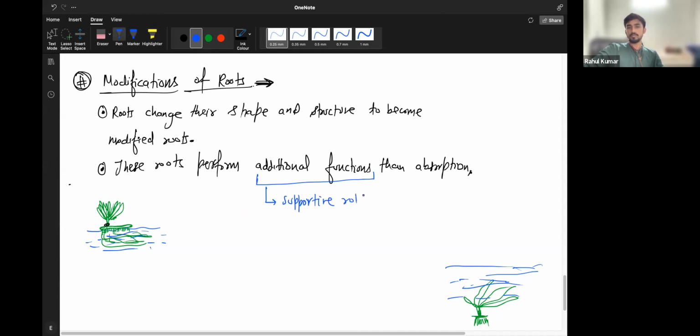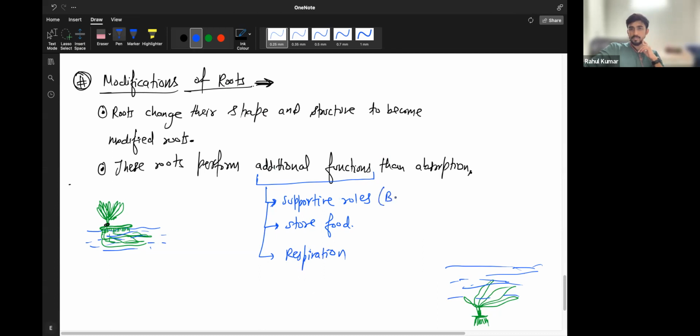They have supportive roles, or to store food. This is not their normal function, no? Or for respiration. So respiration should happen in the leaves, right? Food storage should happen in the fruit or in the stem normally. Supporting roles is done by the stem, but sometimes roots play these functions.